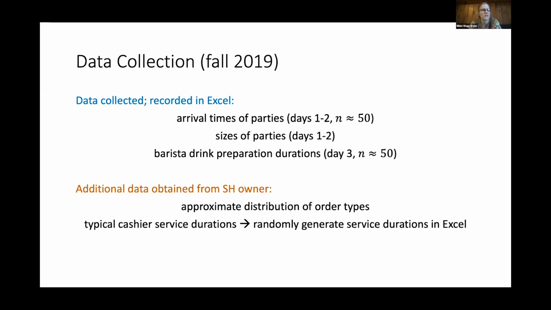So instead, I asked her to tell me a range: how long does it take for cashiers to process orders, if it's just a drink order versus an order for both food and drink. I took that information, created my own probability models for those durations, and then generated data for that variable in the problem.